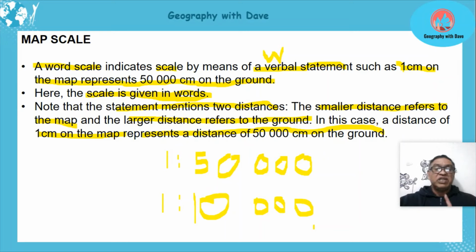Actually, let's look at it. In this scale, on the topographic map, things are brought 50,000 times smaller. And here it's 10,000 times smaller. I just want to use an example. I got an orange. I cut it into 50 pieces.